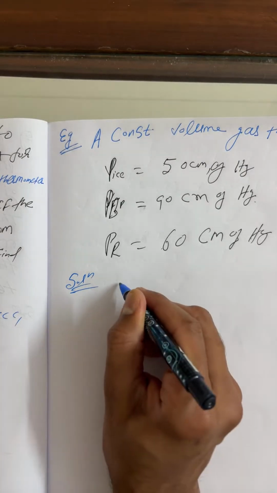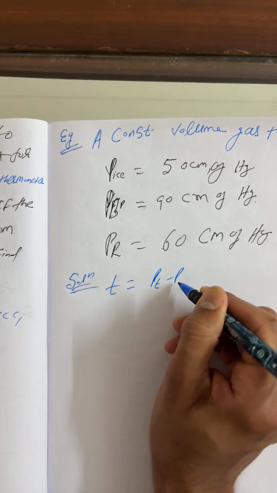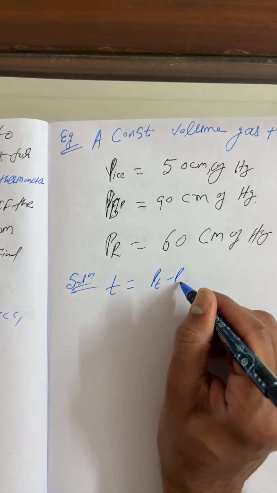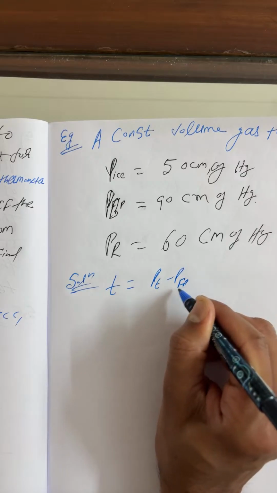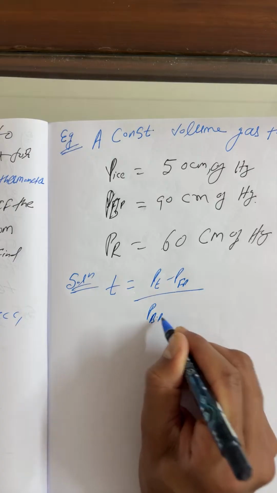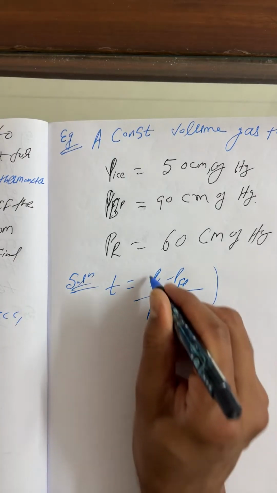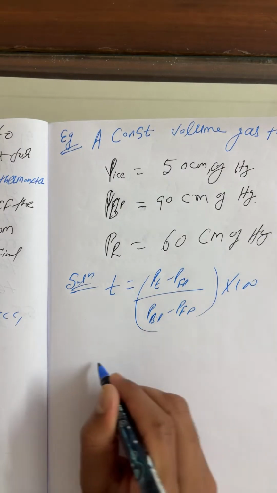I'm going to use the formula I gave in the classroom. Pt minus the pressure at the freezing point, upon the pressure at the boiling point minus the pressure at the freezing point, and don't forget to multiply by 100.